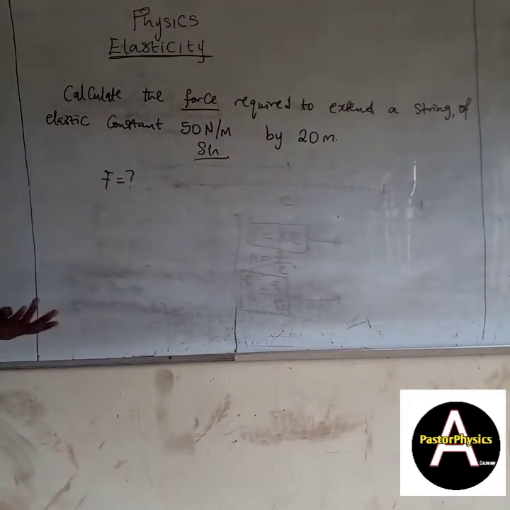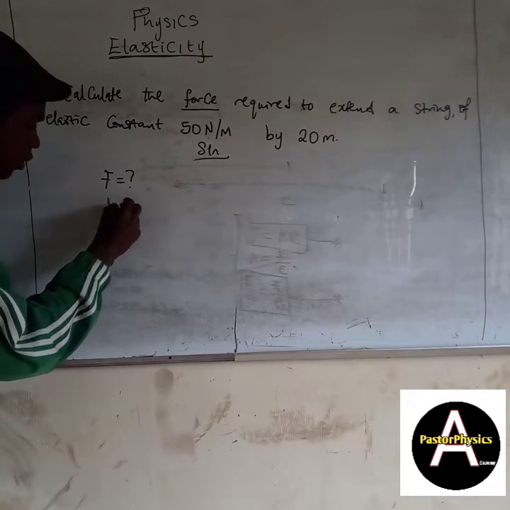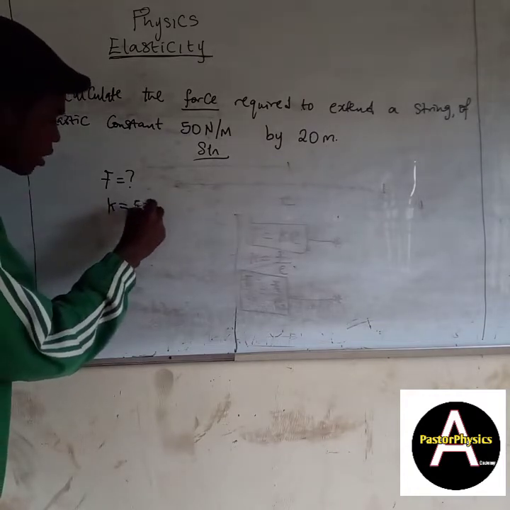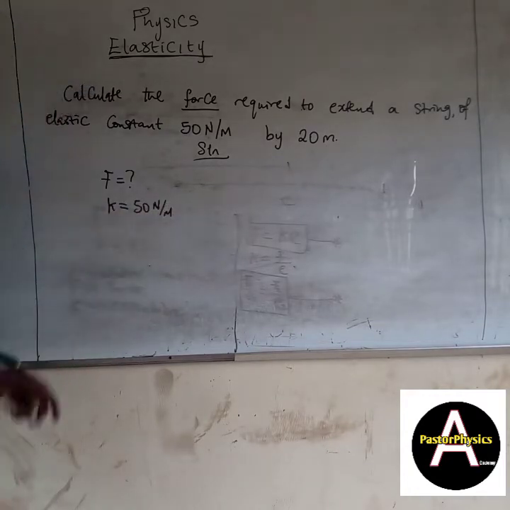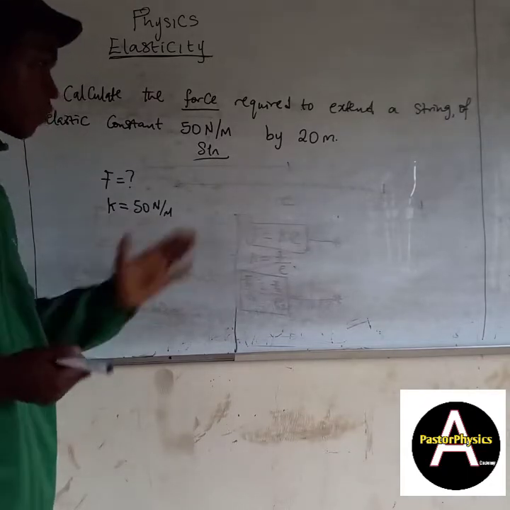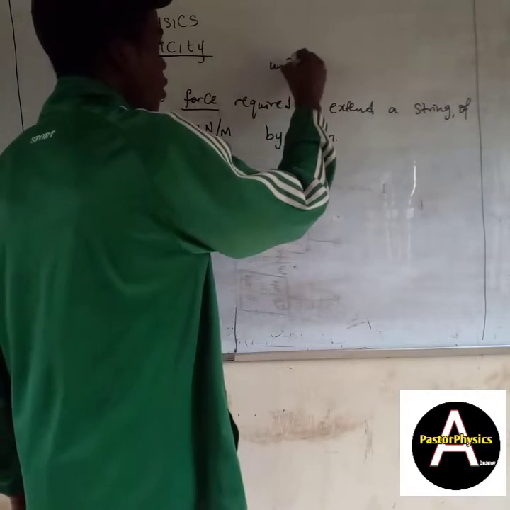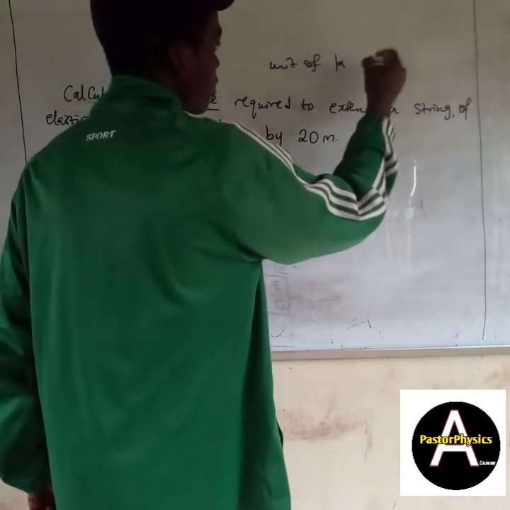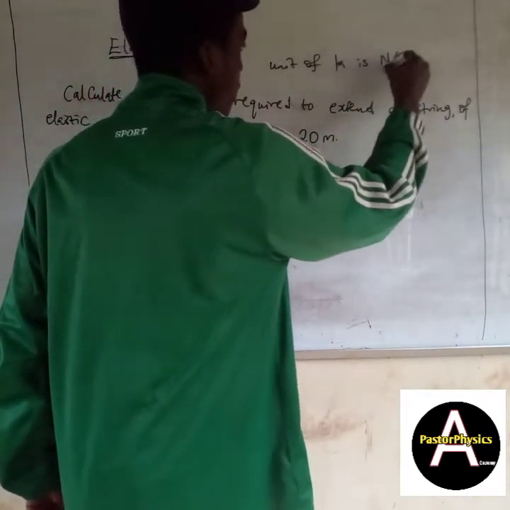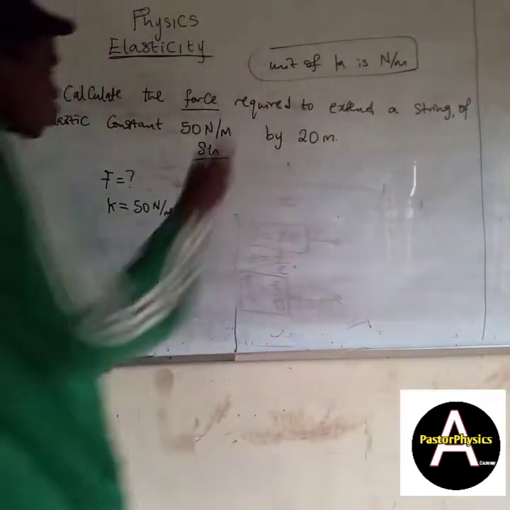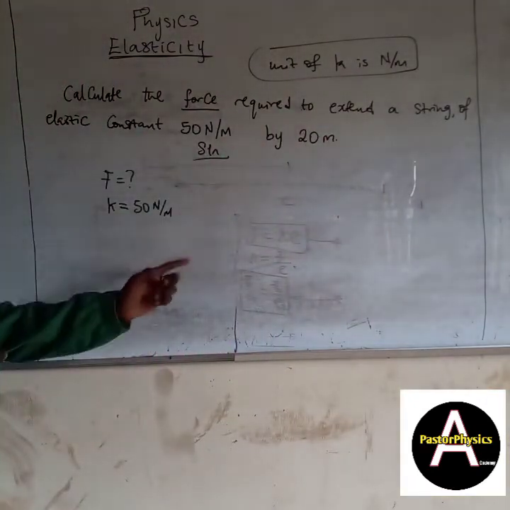Now, what is the symbol for elastic constant? K, right? K equal to 50 Newton per meter. Oh, sorry, I forgot to give you the unit of elastic constant. The unit of K, that is the elastic constant, is Newton per meter. So 50 Newton per meter by 20 meters.